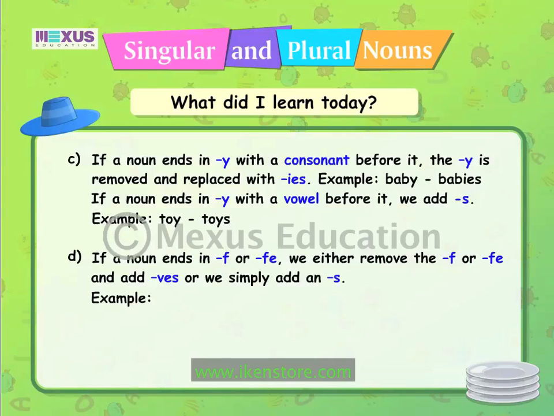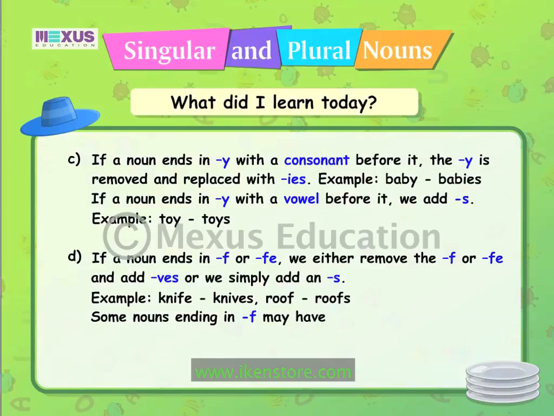For example, knife and knives, roof and roofs. Some nouns ending in f may have two plural forms. For example, dwarf and dwarfs, or dwarves.